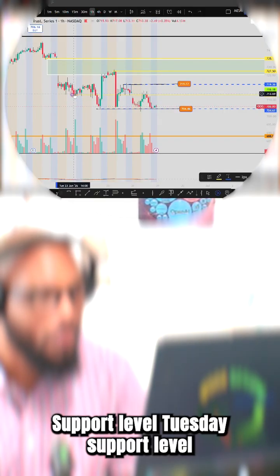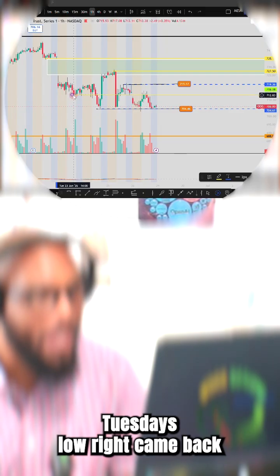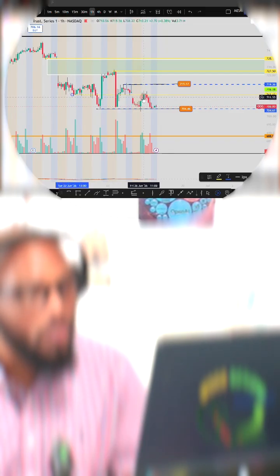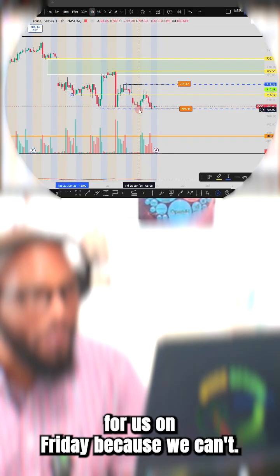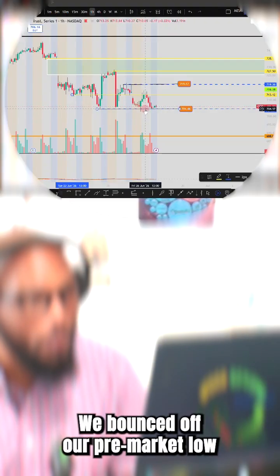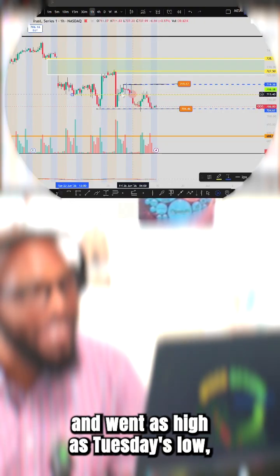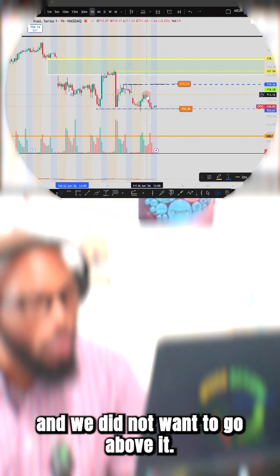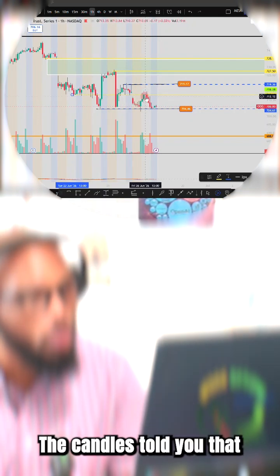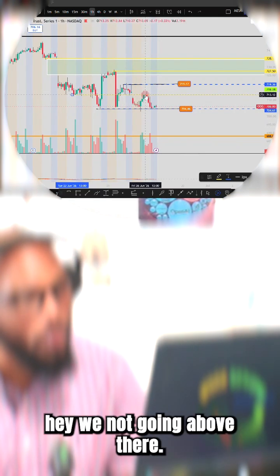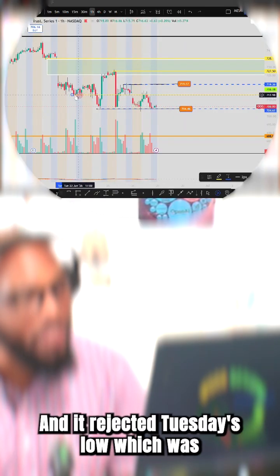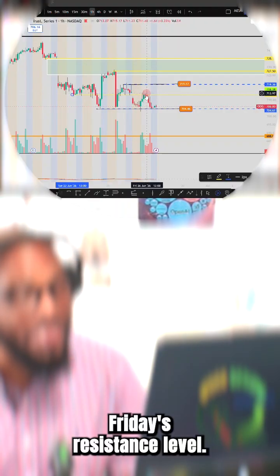Tuesday's support level, Tuesday's low, all right, came back for us on Friday because we bounced off our pre-market low and went as high as Tuesday's low. And we did not want to go above it. The candles told you that, hey, we're not going above there. We're going to reject. And it rejected Tuesday's low, which was Friday's resistance level.